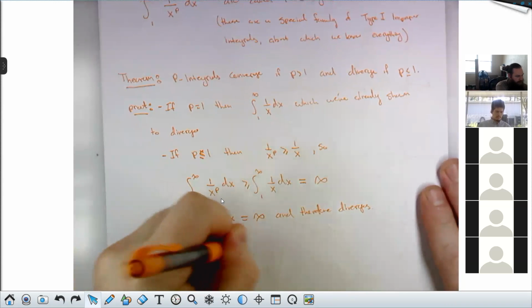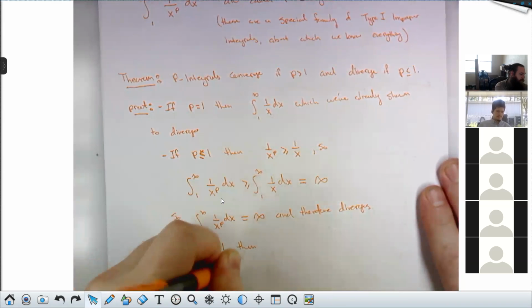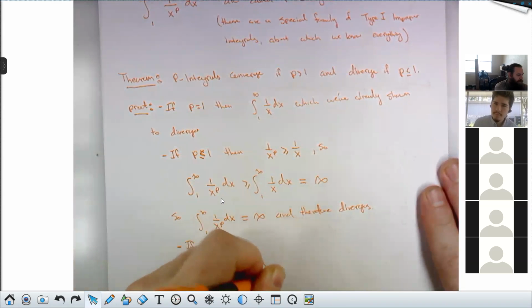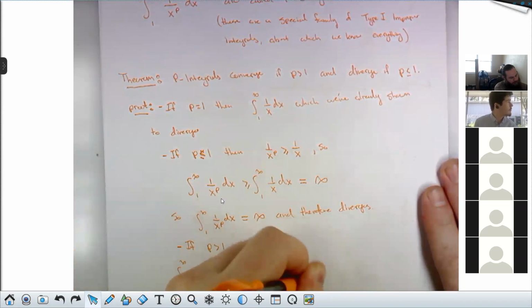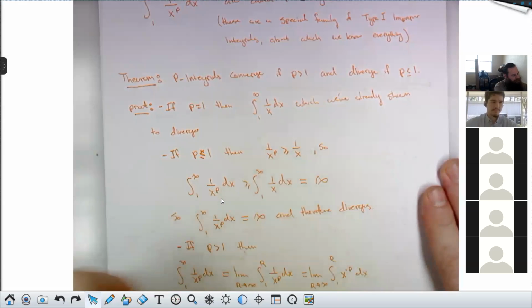If p is greater than 1, then for the integral from 1 to infinity of 1 over x to the p dx, we have to actually compute this. It is the limit as r goes to infinity of the integral from 1 to r of 1 over x to the p dx, which is the limit as r goes to infinity of the integral from 1 to r of x to the negative p dx.